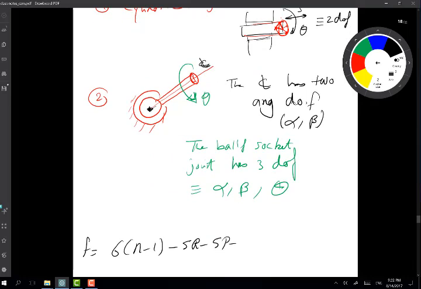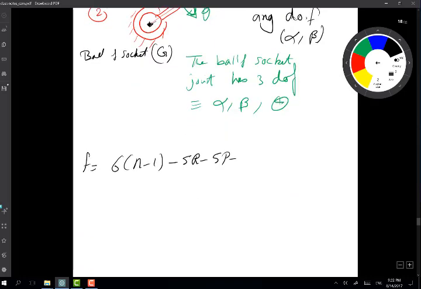And this joint, the ball and socket joint, I'm going to use G for it. So minus 4 cylindrical minus 3G minus H. The equation becomes something like that in space. Okay, that's the proper equation.